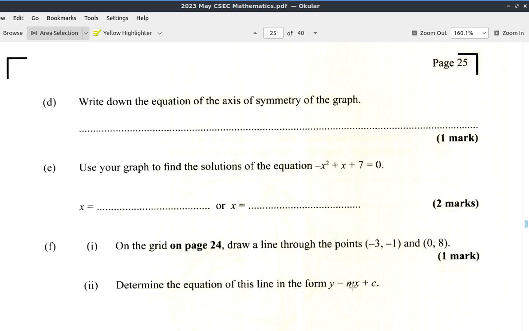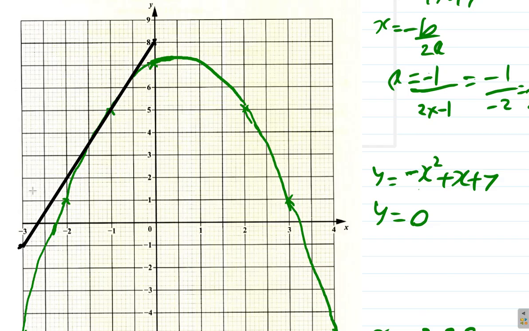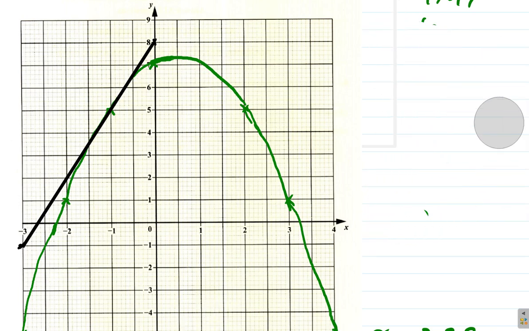Determine the equation of this line in the form y equals mx plus c. You have different ways of determining this. First, y equals mx plus c is the general equation of a straight line.